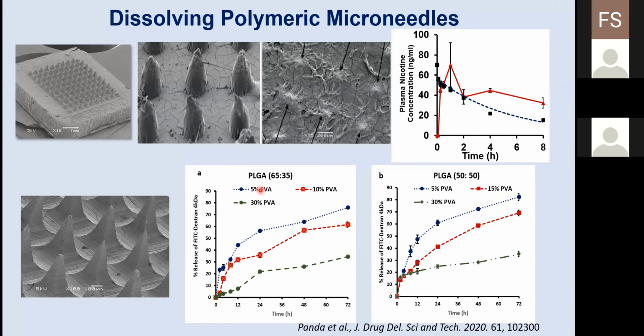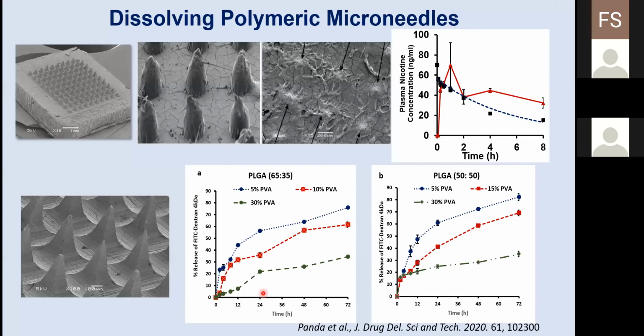We used FITC dextran 4 kilodalton. The 4,000 Dalton molecular weight is considered a macromolecule, right? So our objective was to design a drug delivery system for controlled release of a macromolecule. So we used 4 kilodalton dextran as a model macromolecule.